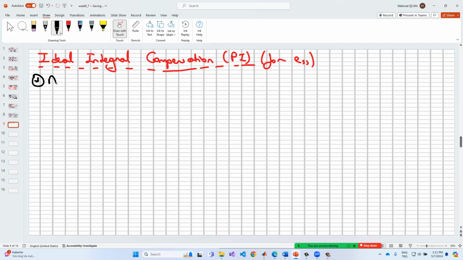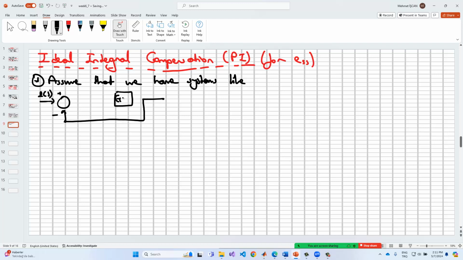Firstly, we just assume that we have a system like, first of all, we have the R(s) value for an input in here, and so we can draw the what, the G(s), and we must give the K value in here, just like this one, and so the C(s), right?